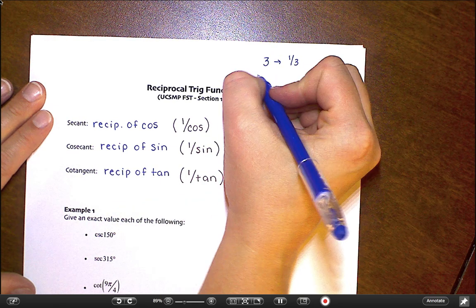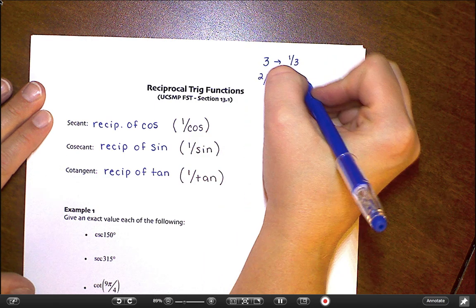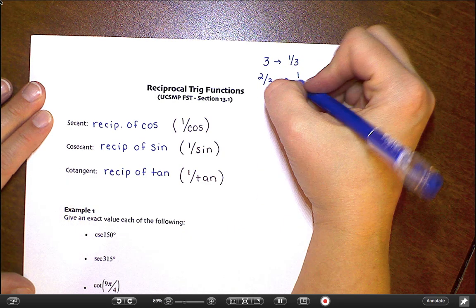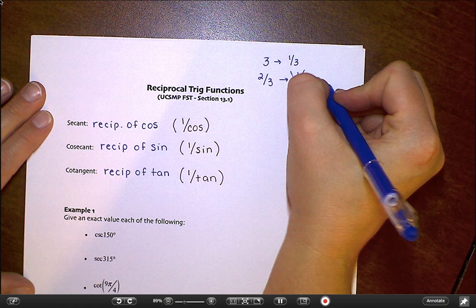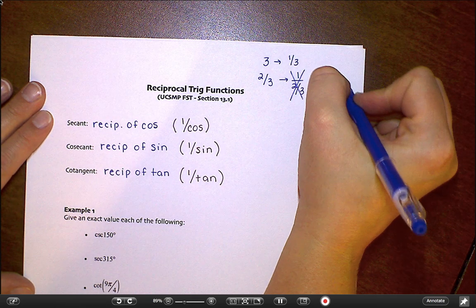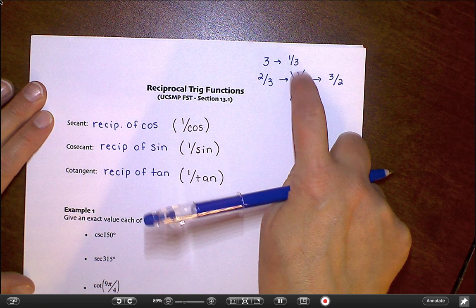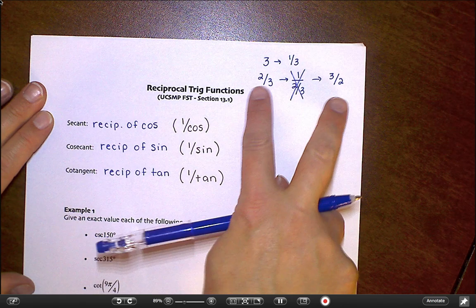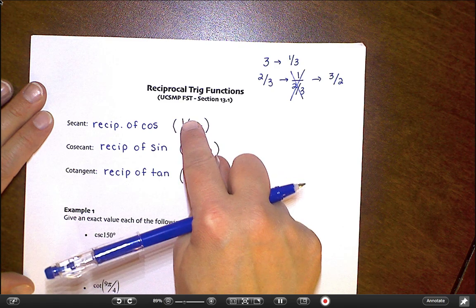But if I ask you for the reciprocal of 2/3, you wouldn't tell me it's 1 over 2/3. Okay, don't do that. That's wrong. We don't like that. Instead, you would just flip the fraction over and make it 3 over 2. And as it turns out, that's exactly what this thing would be equal to, but it's just ugly to write a fraction inside a fraction. So if something is already a fraction, we don't mess around with the 1, okay?